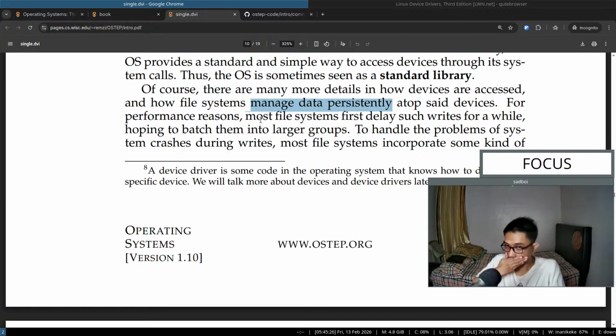Okay. For performance reasons, most file systems first delay such writes for a while, hoping to batch them into larger groups, to handle the problems of system crashes during writes. Okay. So what is it called?